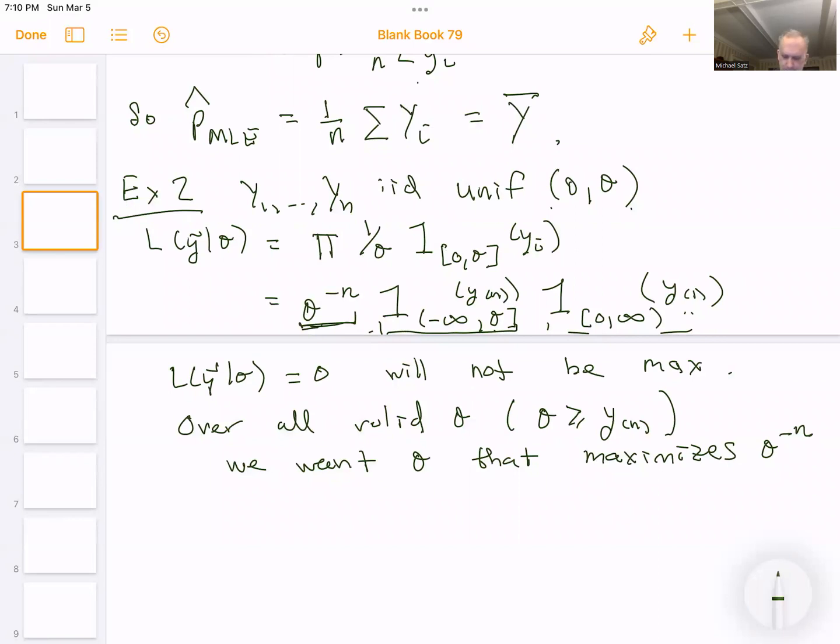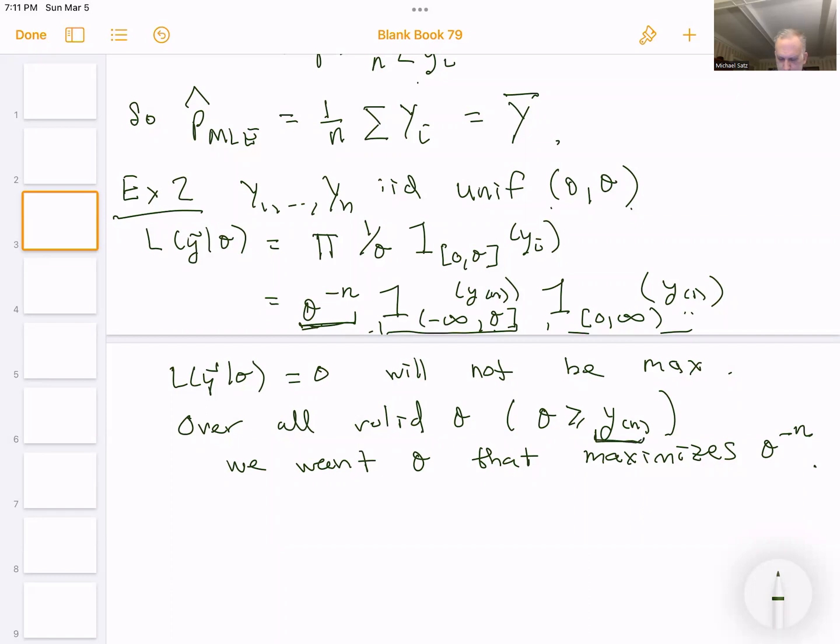We want that to be maximized. So it has to be bigger than yn, the biggest one in the sample.